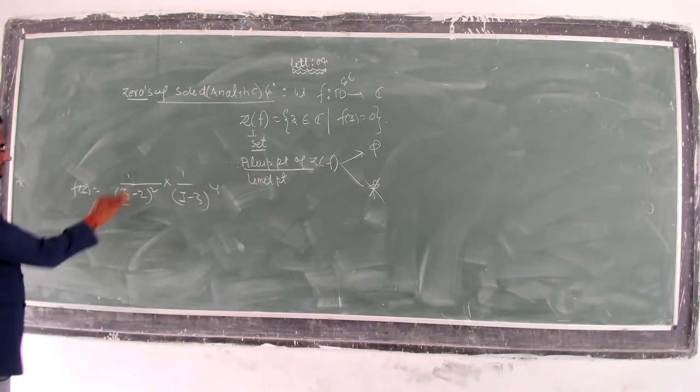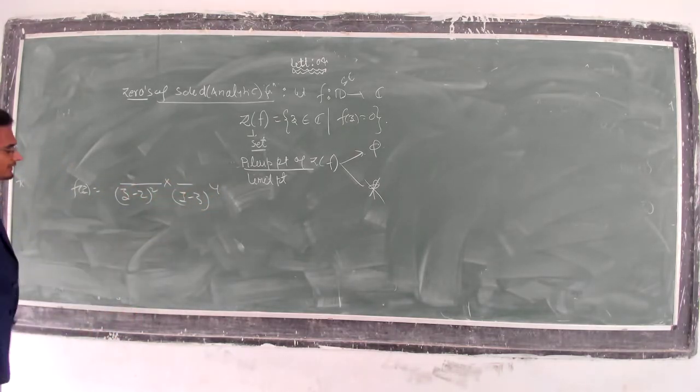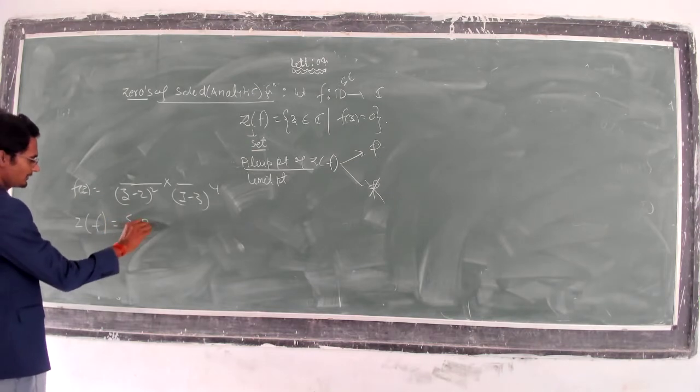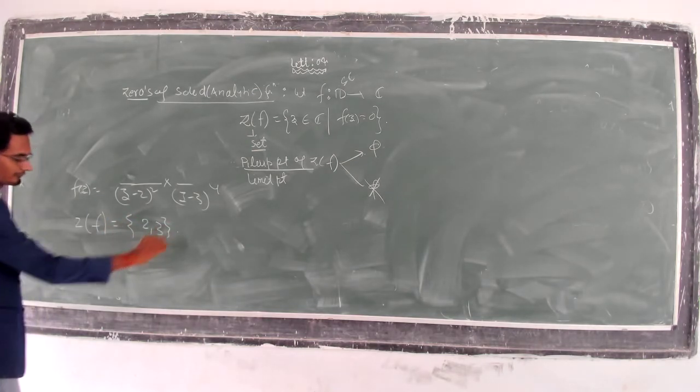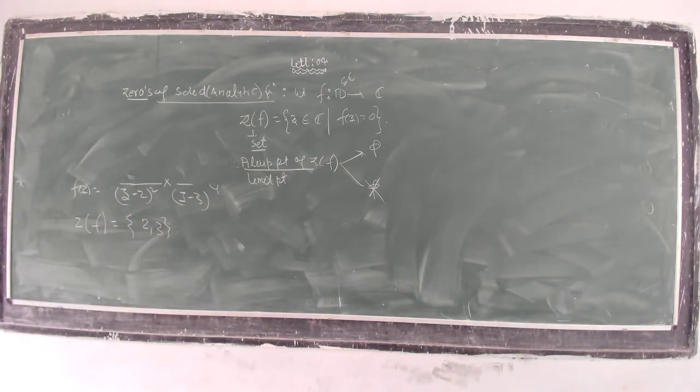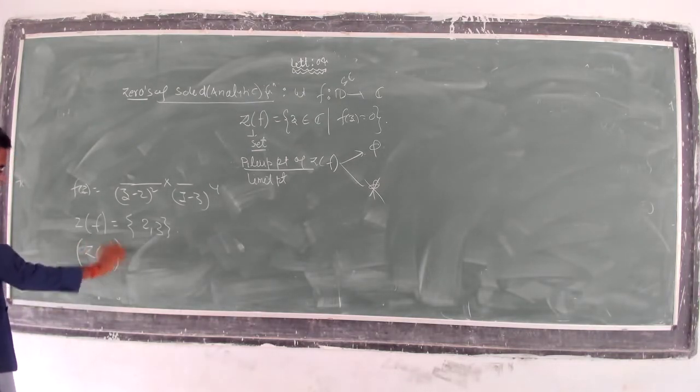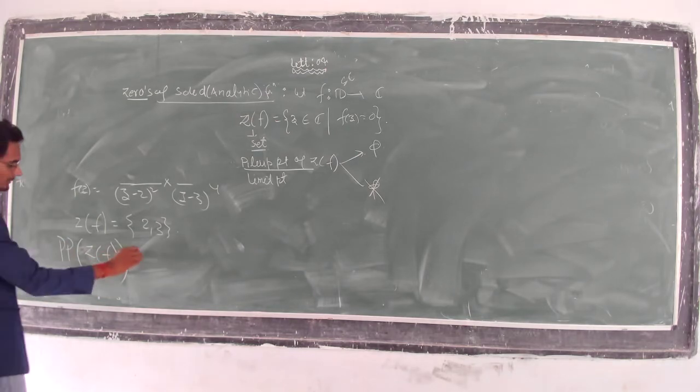Or we can remove this: (z minus 2) power 4, (z minus 3) power 4. Then if I calculate the zeros of it, they will be simply 2 and 3. Right? This is a finite set. The zeros are at some distance, so the limit point of the zeros of f will be none.